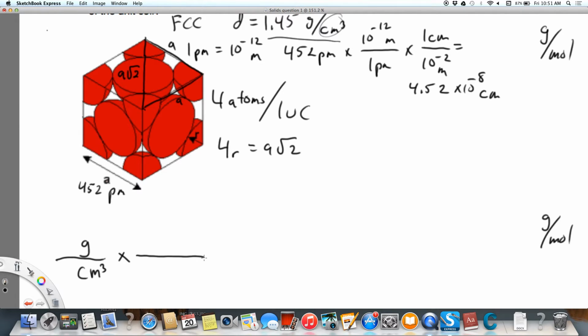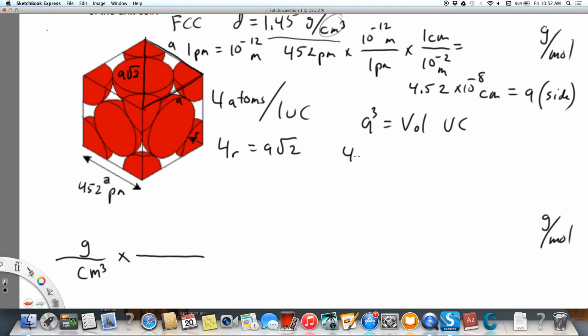Do I have anything that will do that? Well, I know that this is equal to A. That's a side, or edge, as we often call it. So A cubed equals the volume of the unit cell.